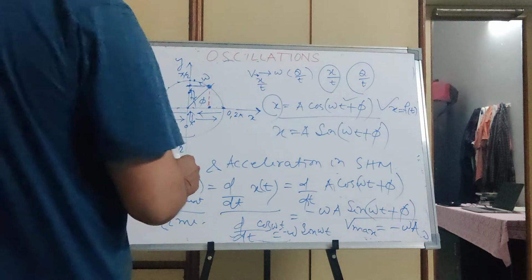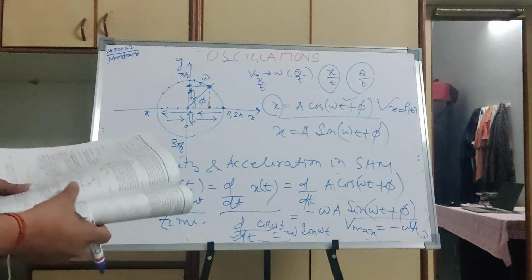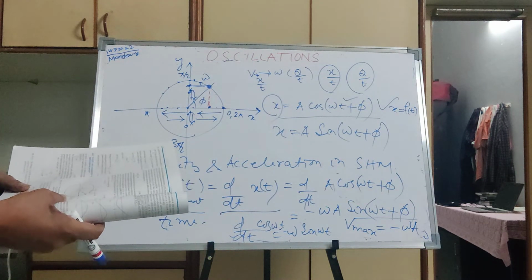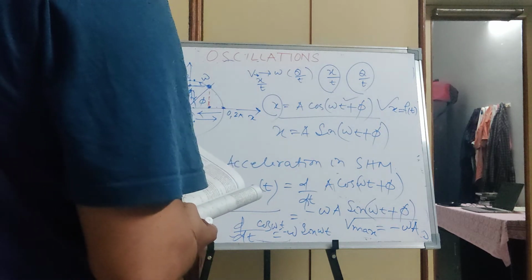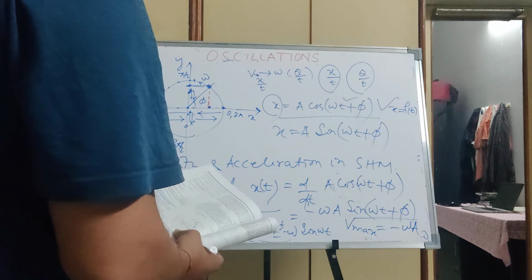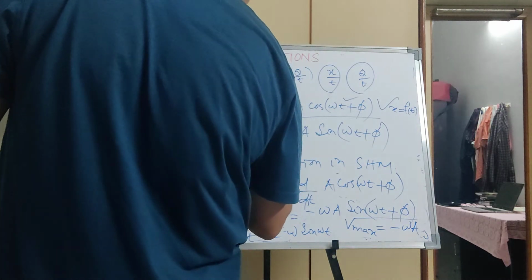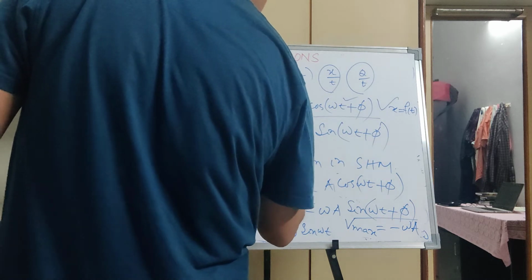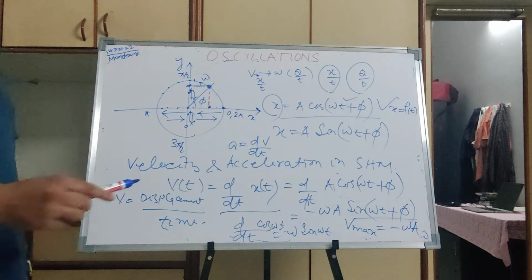Similarly, you know acceleration. If this is velocity, similarly there is acceleration. So a is nothing but dv by dt. Velocity is the rate of change of displacement.